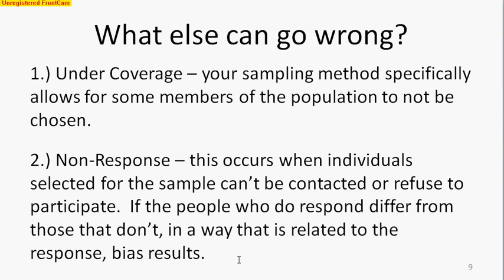Because the issue here is oftentimes the people who choose not to respond differ from those that do respond in a very meaningful way that is related to your response variable that you want to know about, right? Maybe Miguel is not choosing to respond because he's embarrassed to give me his value. Well, I can't just allow that to not be given to me.